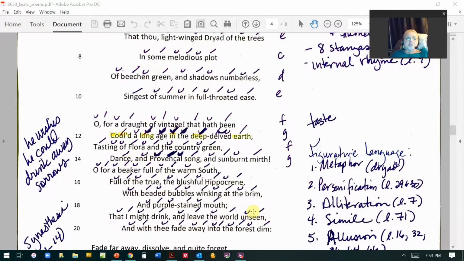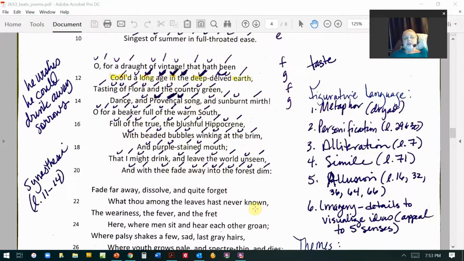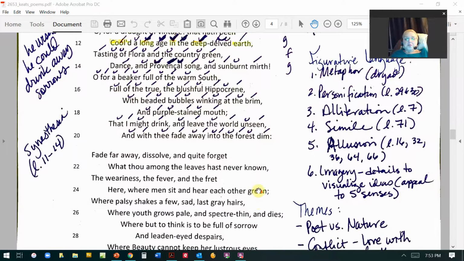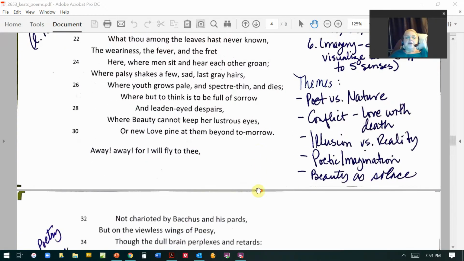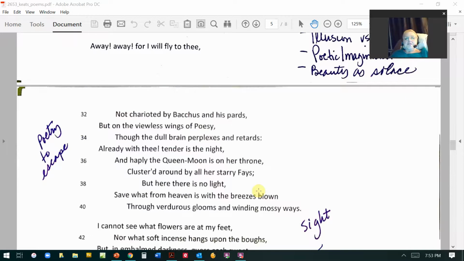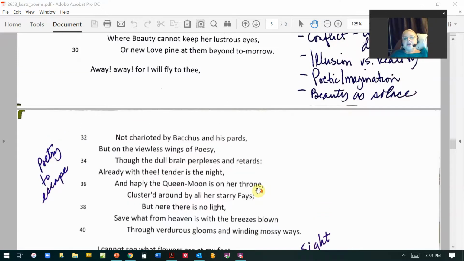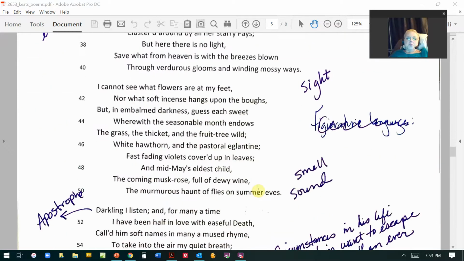He wants something to drink, right, to leave all these cares behind. And then he finds that the bird, so nature, right, but he can't escape it like the bird does. So for him, hopefully poetry will be a way for him to escape and deal with the pain, right?